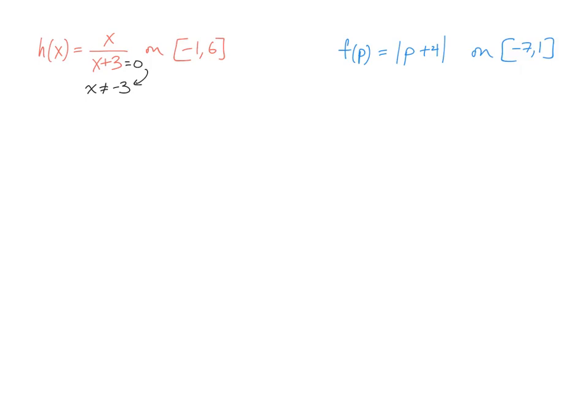But that being said, -3 is not in this interval. So yeah, we are guaranteed to have an absolute max and an absolute min. So let's go through this process to figure out how we can find it.